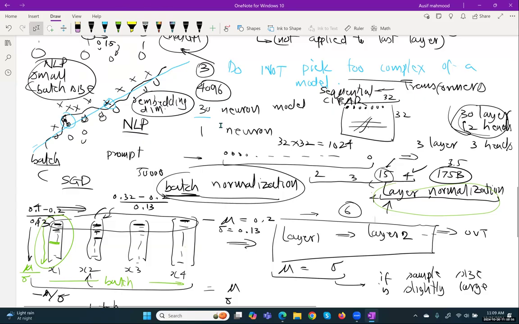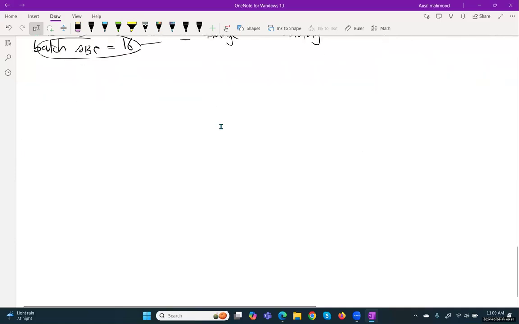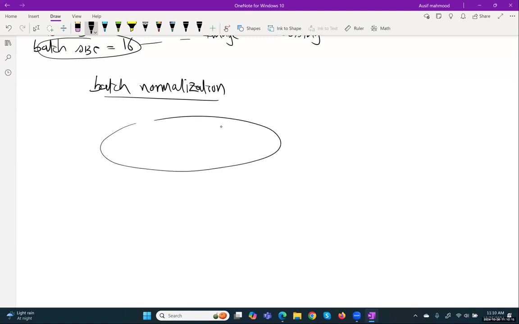So to summarize, batch normalization is what we went into detail on. If you recall, we modified our neuron. Normally, we have a summation going into each neuron, right?